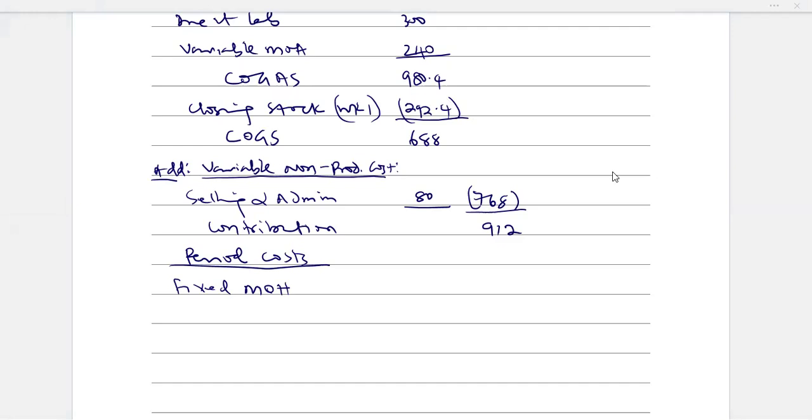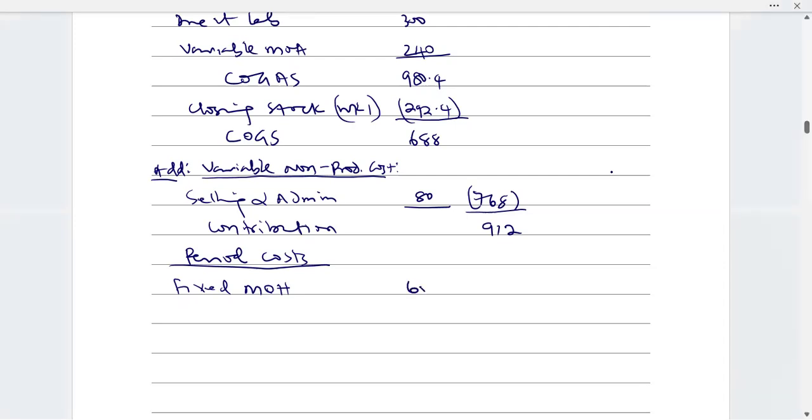It will remain constant because fixed cost is based on the budgeted output. In this case, the budgeted output is 200,000 units, and the fixed overhead absorption rate is 3 naira. Therefore, 3 naira multiplied by 200,000 budgeted units will give us 600,000.